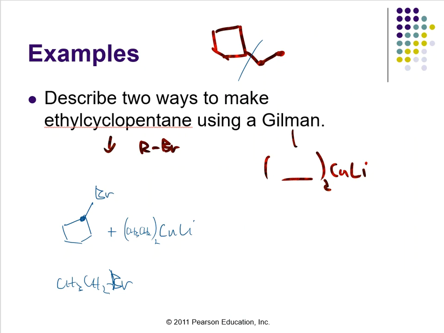Right? Instead of on the ring, I put it on the 2 carbons. I mean, that's an option. So that means that with my Gilman, I would need a cyclopentane ring, and I would need 2 of those. Okay, that's not really ideal either.